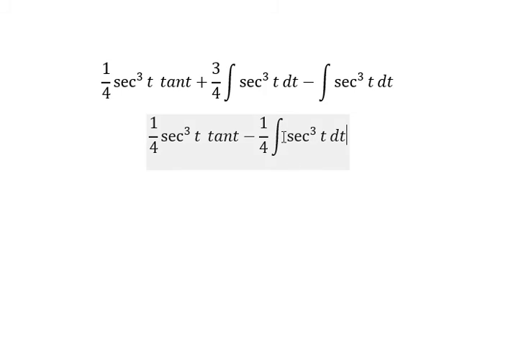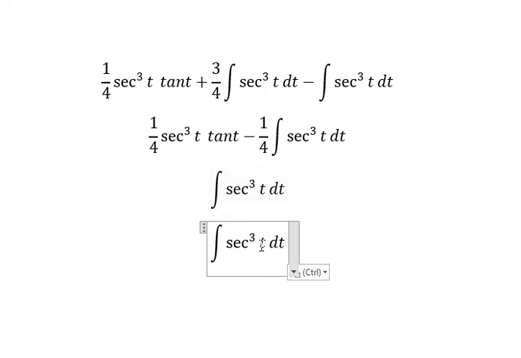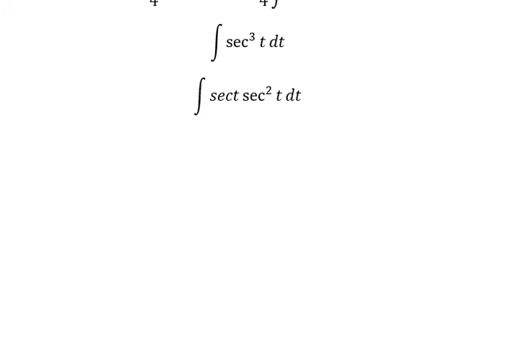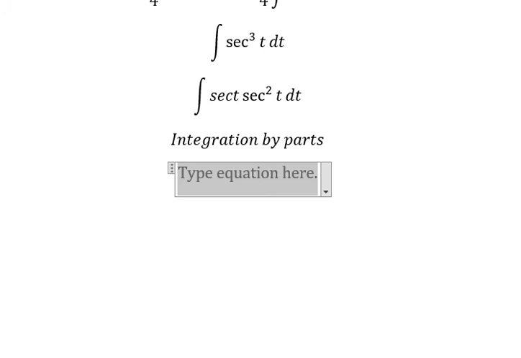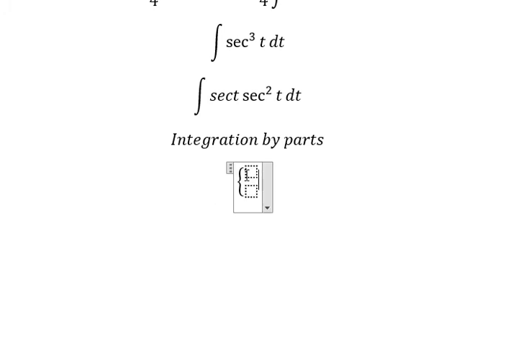And now I will concentrate on this one. So we need to put secant of t multiplied by secant of t squared. So we can use integration by parts. So I will put u equals secant of t.